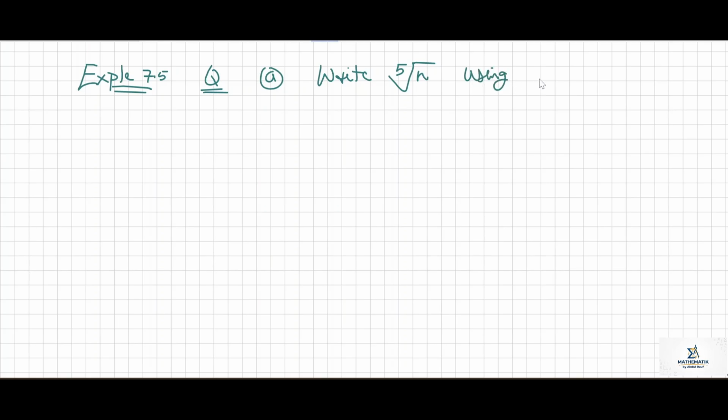So we have to convert this into an index using an index notation.